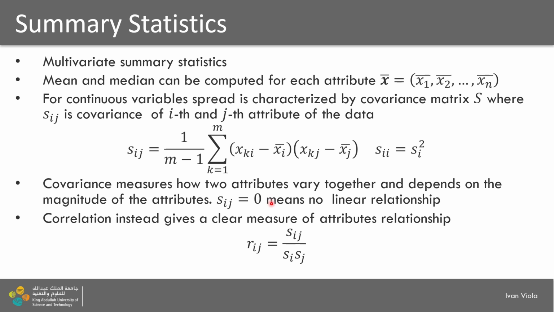So as I said, it measures both aspects, but if there is no linear relationship, even if the spread is big, the Sij will be 0. And if we are just having the same attribute twice here, then we can see that our covariance is basically representing the variance of one variable.